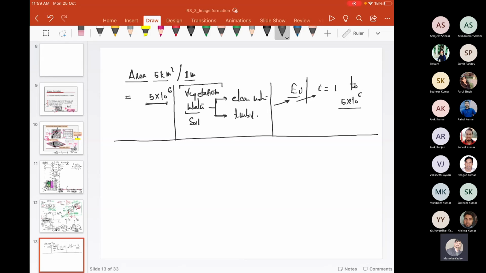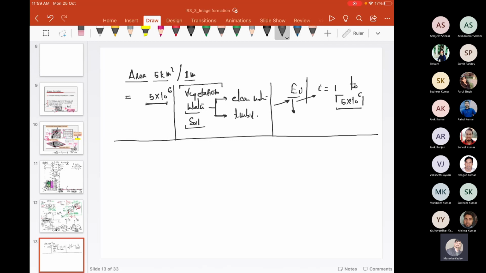Similarly for water, similarly for soil. So for each energy component, if you are going to store, there are 5 into 10 to the power 6 different energy components. How many bits are required? A very large number of bits are required to store.